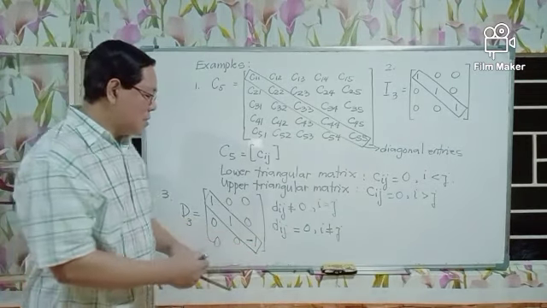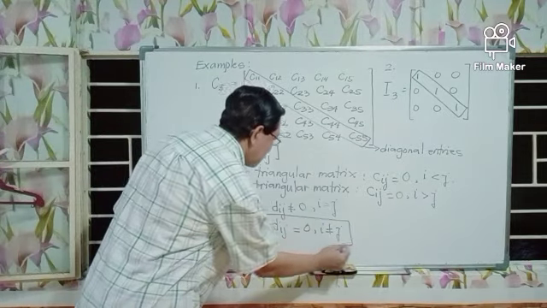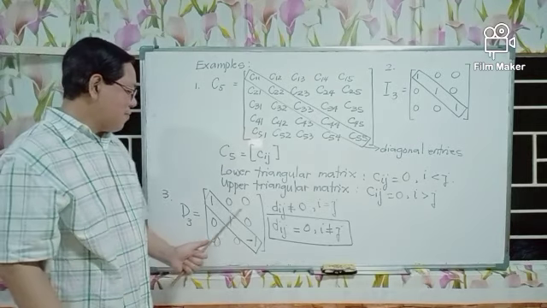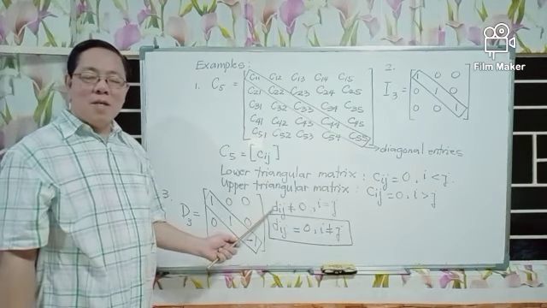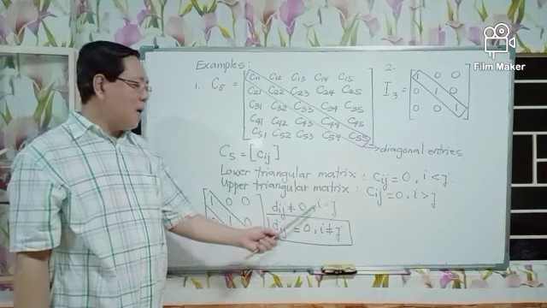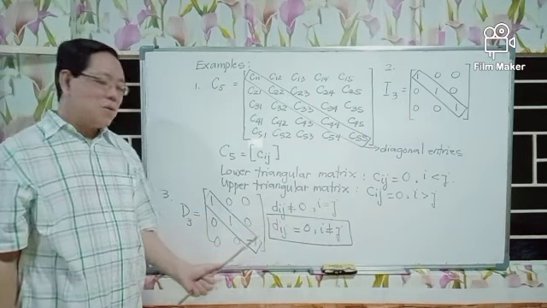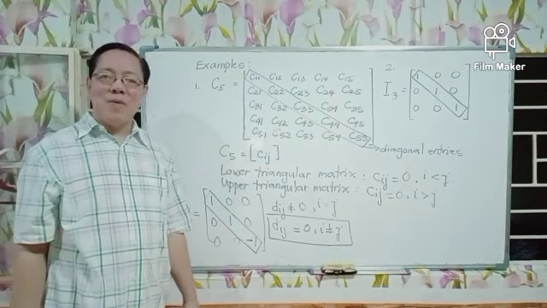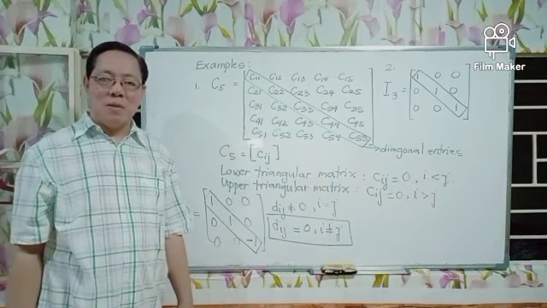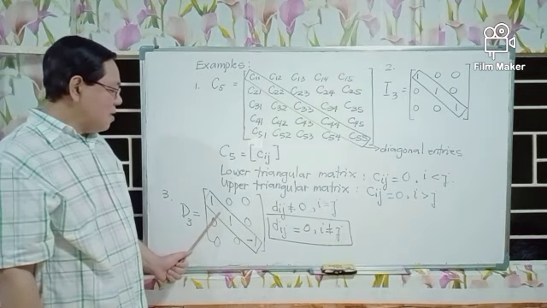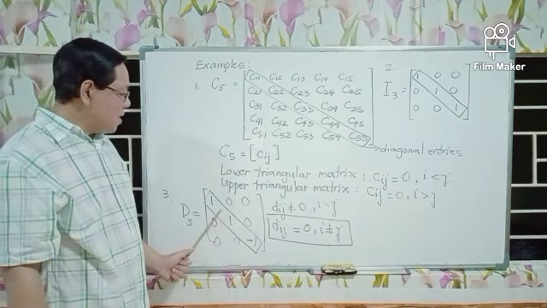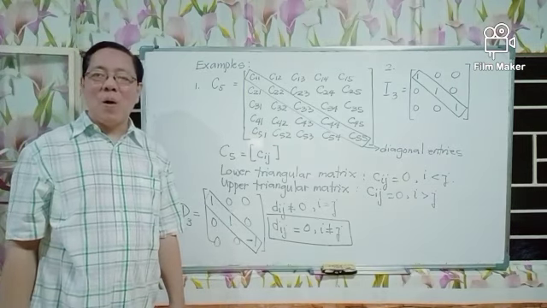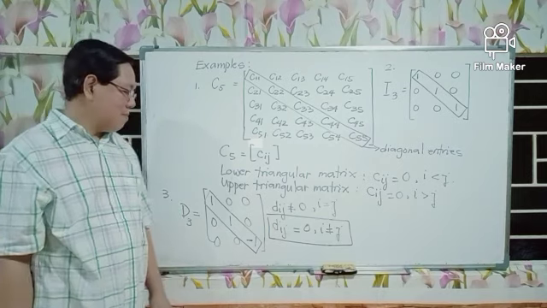This is the only condition for a square matrix to be diagonal. But the diagonal entries of a diagonal matrix may be 0. If the diagonal entries of a diagonal matrix are 0, then we call it a 0 matrix.